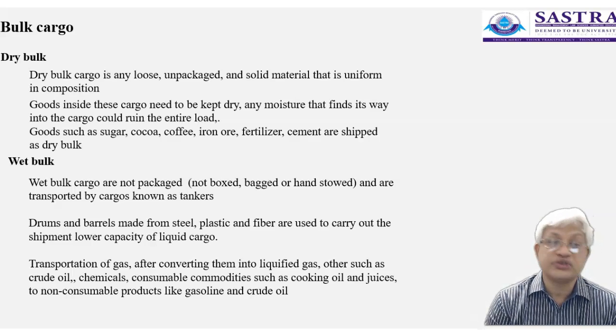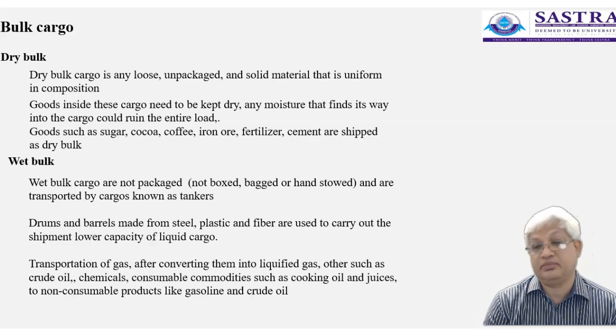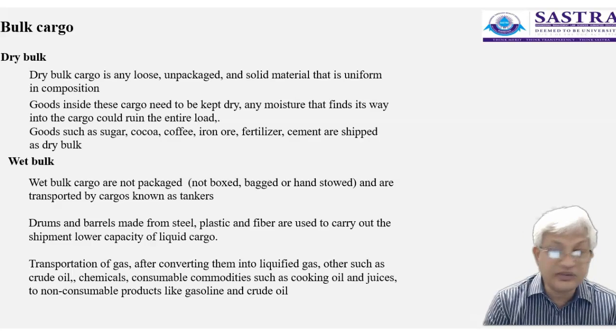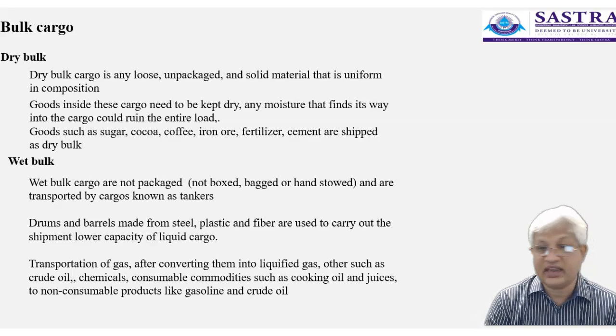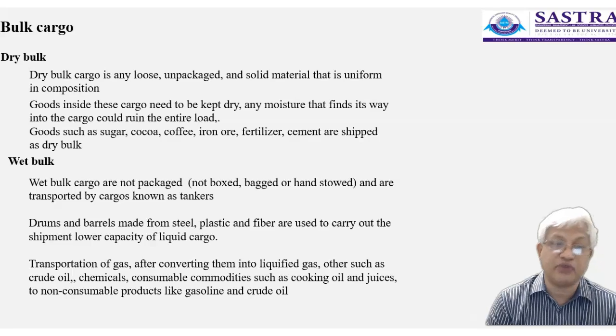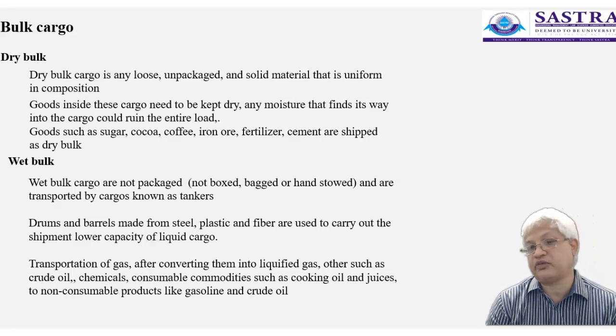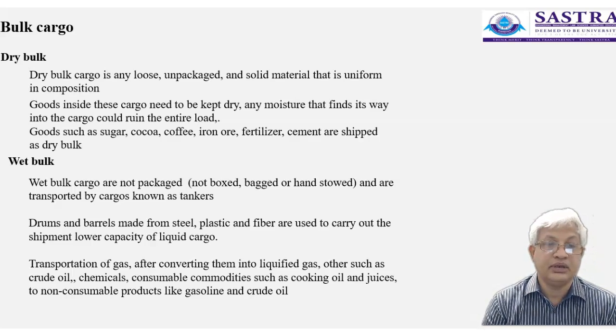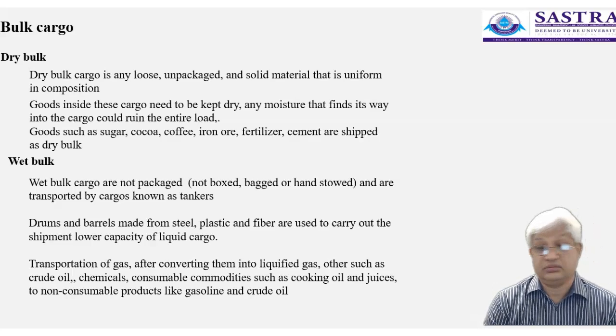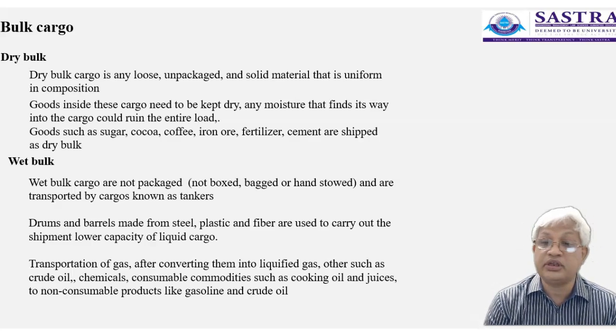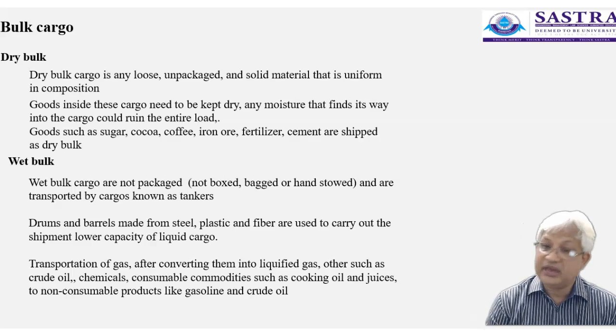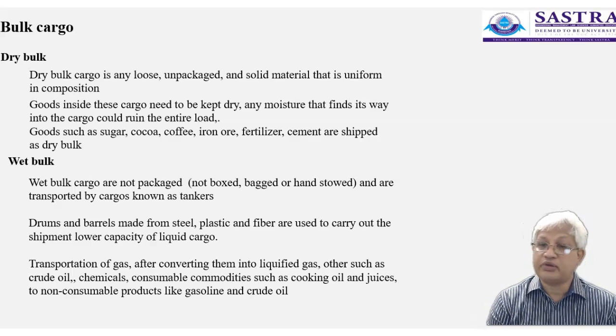Is also used. However, what happens if you want to transport liquefied gas, what we call LPG, liquefied petroleum gas? The gaseous form needs to be converted into the liquid form in order for them to be transported from one place to the other. Or crude oil. Crude oil is the key raw material for many derivatives of what we call hydrocarbons.